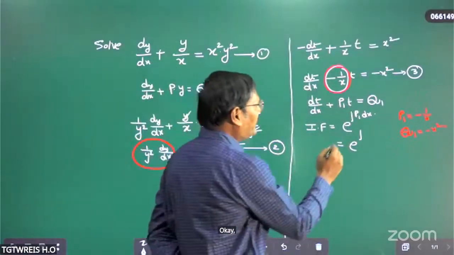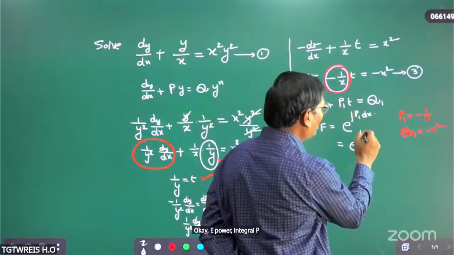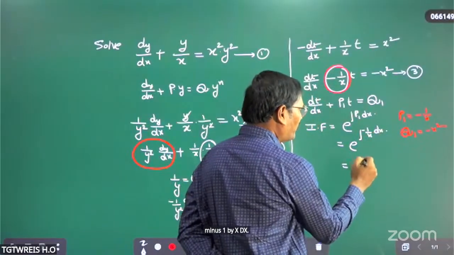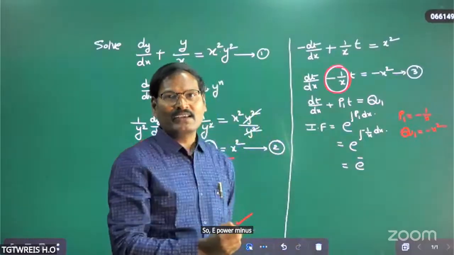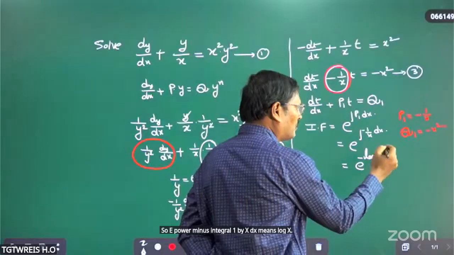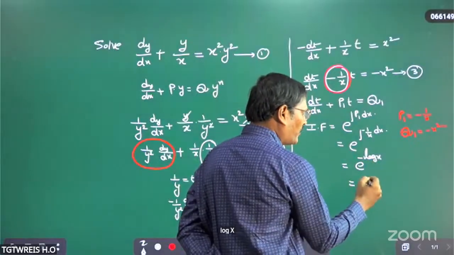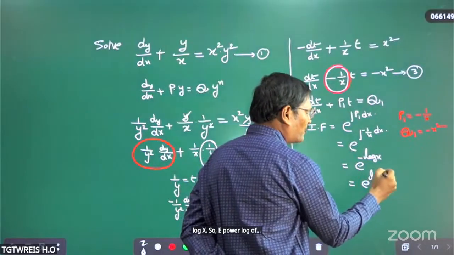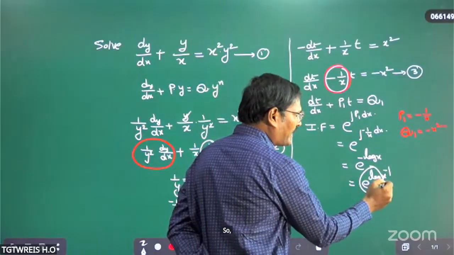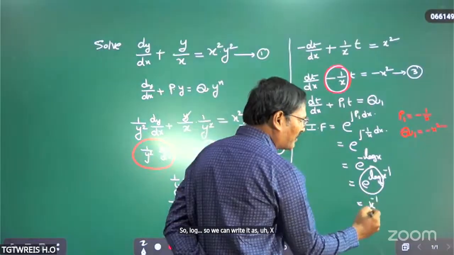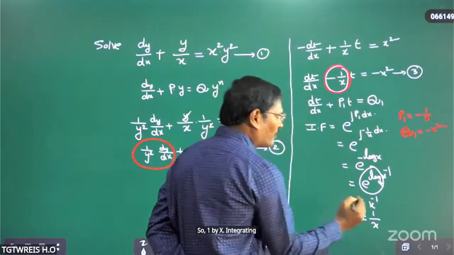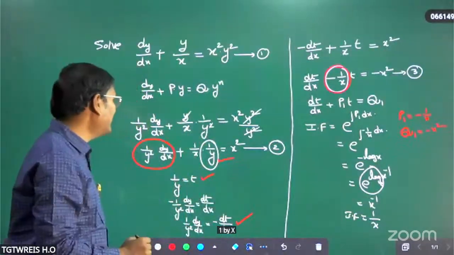So e power minus integral 1 by x dx, which means e power minus log x, that is e power log of x to the power of minus 1. So we can write it as x to the power of minus 1, so 1 by x. The integrating factor is 1 by x. Up to this, is it clear to everyone?